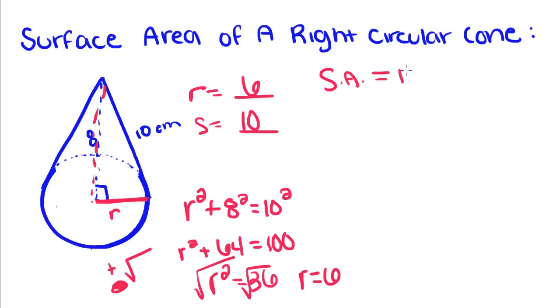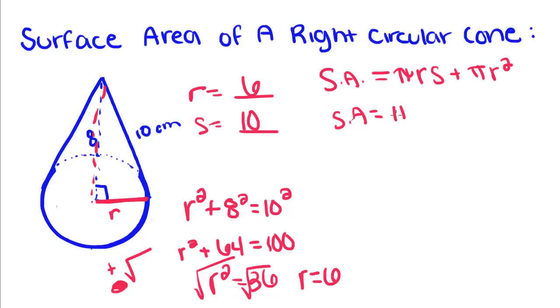So surface area is equal to pi r s plus pi r squared. Now you don't have to write the formula every time you solve the problem, but when we're just starting to learn, it helps to write it out so you can memorize it, because these are all things you'll need to have memorized.